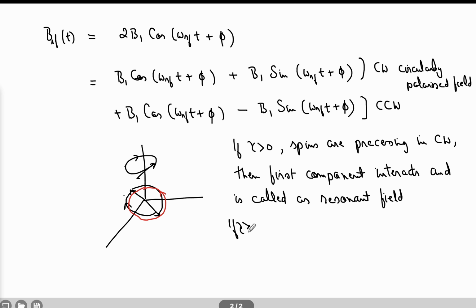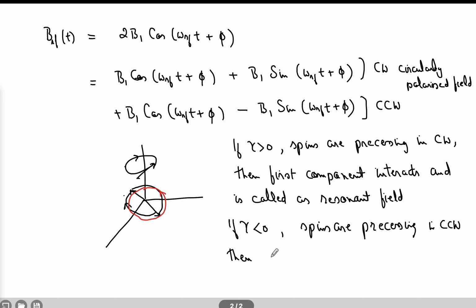If gamma is less than 0, then spins are precessing in the counterclockwise direction.